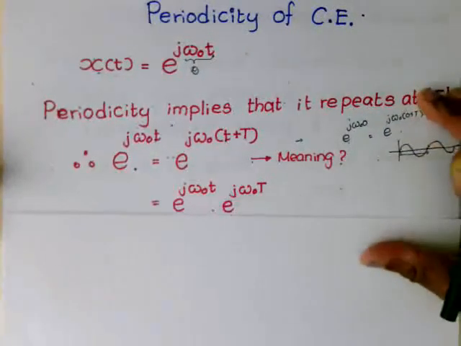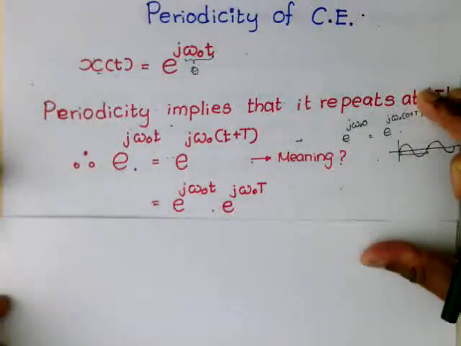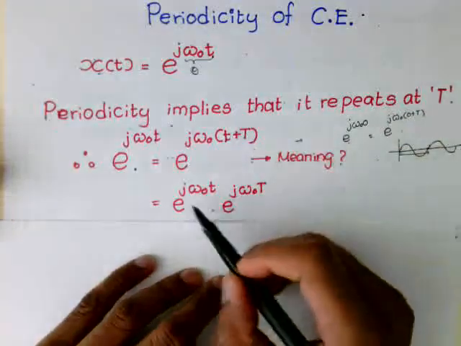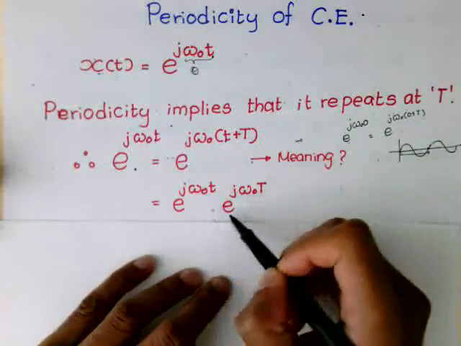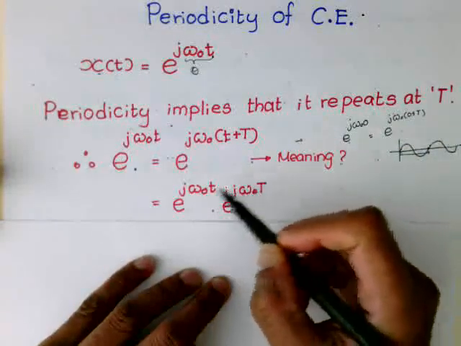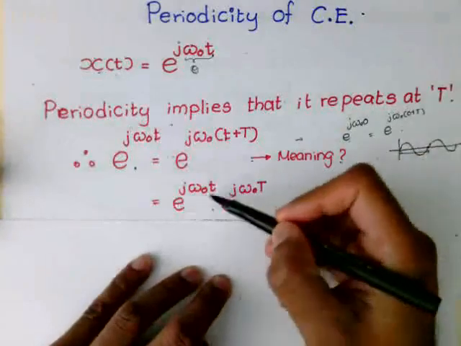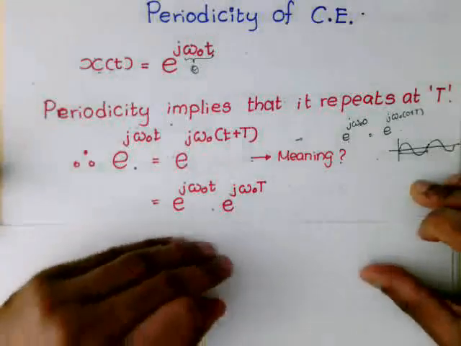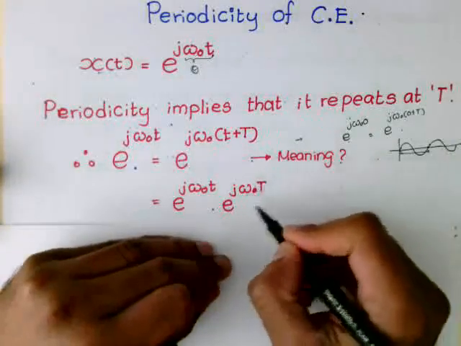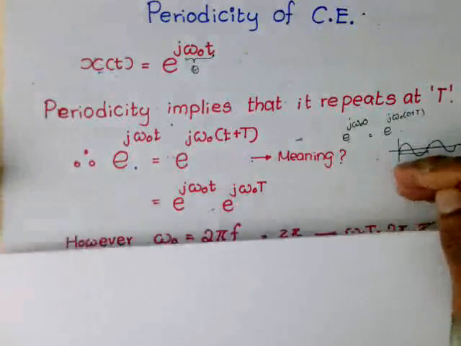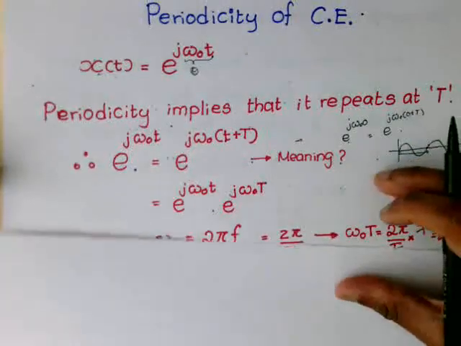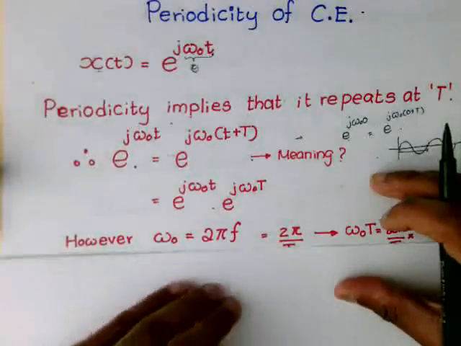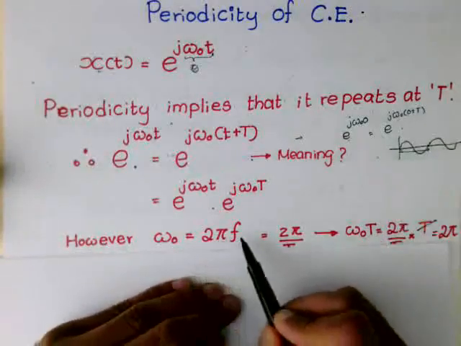Now with exponentials, what we can do is break the sum into a product: e^(j omega naught t) times e^(j omega naught T). With this, there's a little bit of magic happening. Omega naught is frequency in radians per second, and we can write it as 2 pi f.